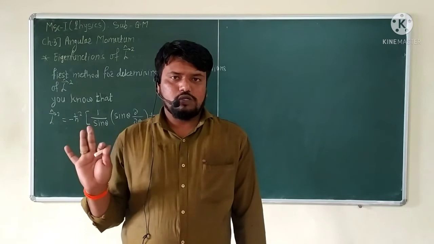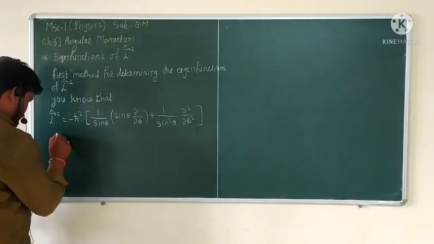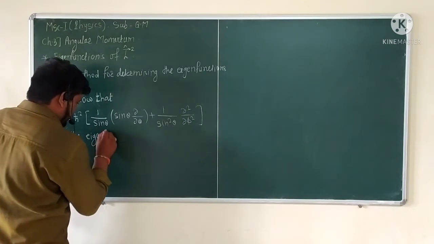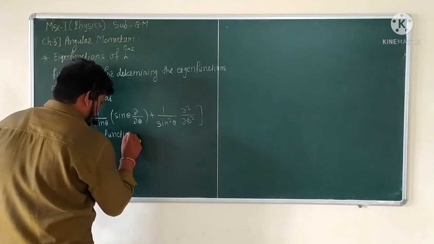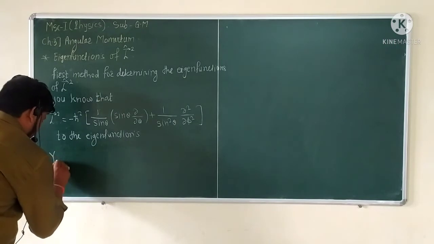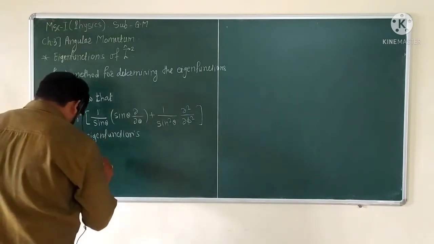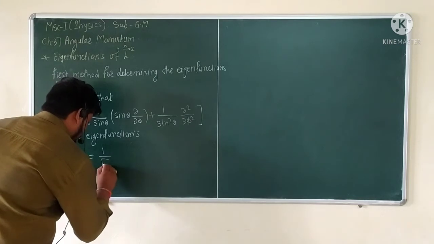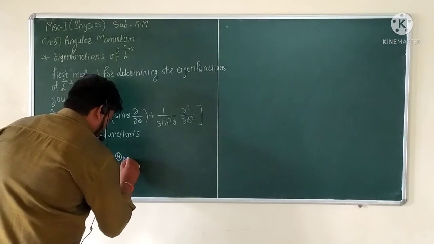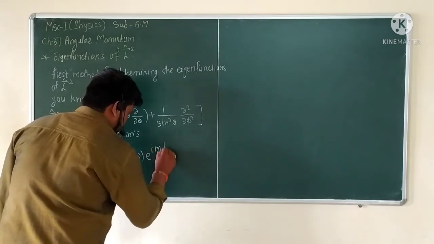Using this formula, we want to find the eigenfunctions of L square. The eigenfunctions Y, a function of theta and phi, are nothing but 1 upon under root of 2 pi, capital Theta of Lm, a function of small theta, and e to the power i m phi.